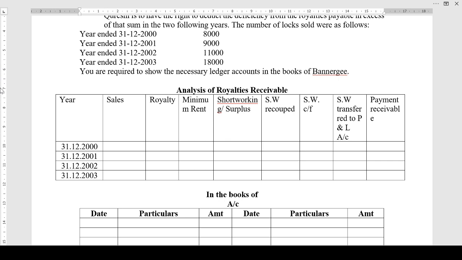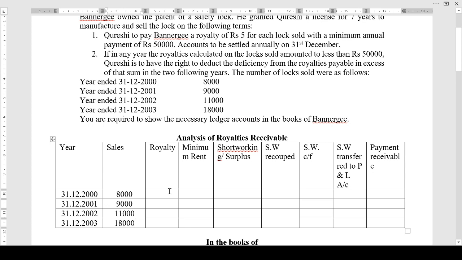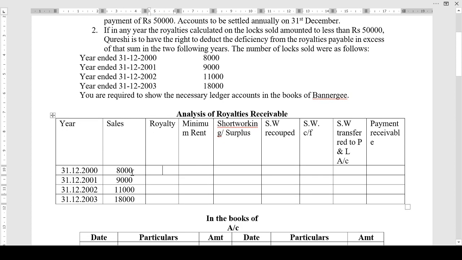Write the number of lots that are sold in each of the years. So in the first year it's 8,000, second year 9,000, 11,000 and 18,000. How much is the royalty? Per lot, 5 rupees. So 5 into each of these.